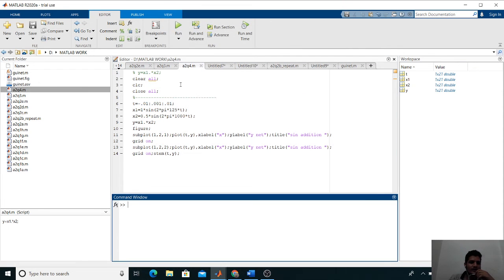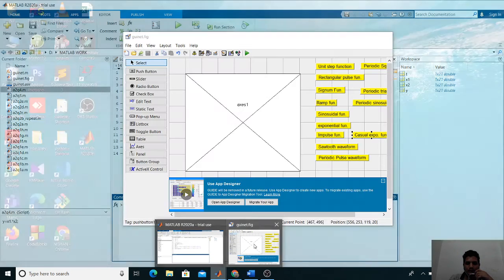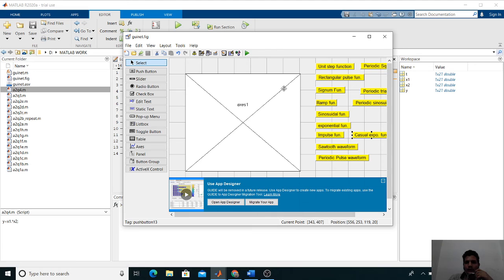Okay, let's make all these graphs and plots into a GUI, where we can generate all these things. For the GUI I have generated a GUI like this. I have mentioned here which type of function plot I want to see, and similarly there may be some conditions for that.